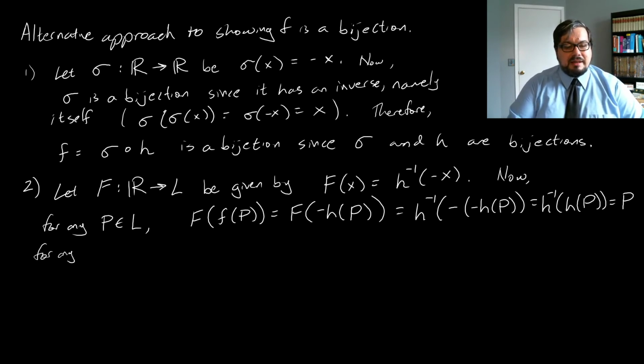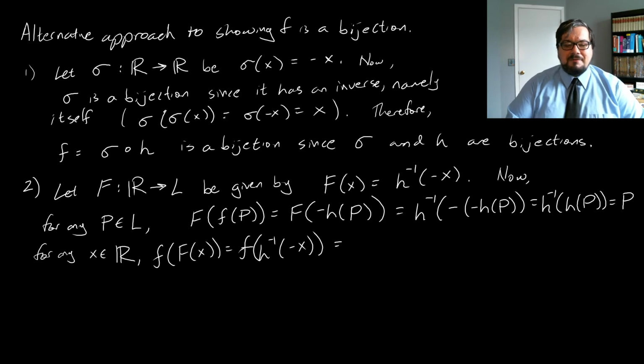And then for any X in R, if we go the other way, if we take little f of capital F of X, that's going to be little f of H inverse of negative X. Now f of something is equal to negative H of that thing. Now H of H inverse of negative X is just negative X, which just gives X back.